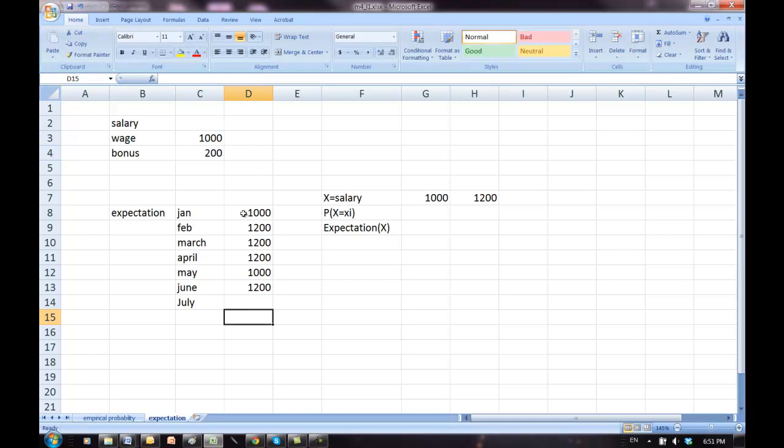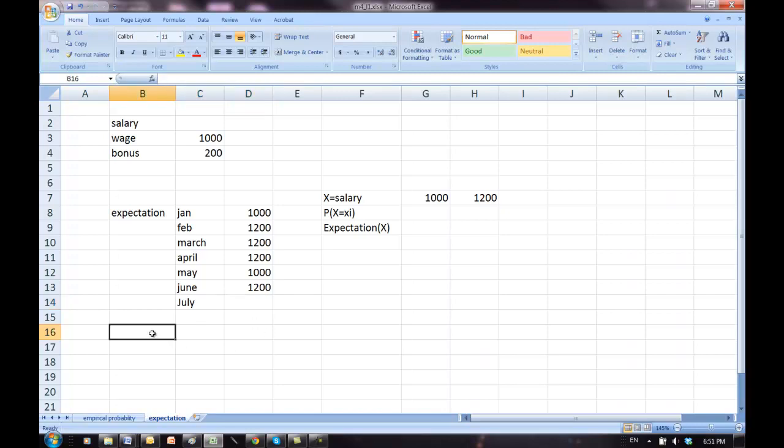And these are the salaries you actually took home in the last 6 months. So in January you make $1,000 without the bonus, and in June you make both the wage and the bonus. Now if I ask you what is the expected income for July, I'm going to show you two ways of answering this question.